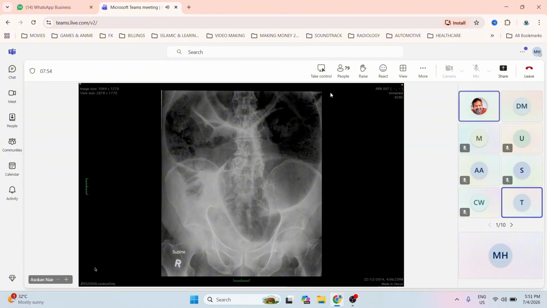Okay, so your diagnosis is sigmoid volvulus. How did you describe the sigmoid volvulus? What did you say? There's gross large bowel dilatation with the apex pointing to the left lower quadrant.